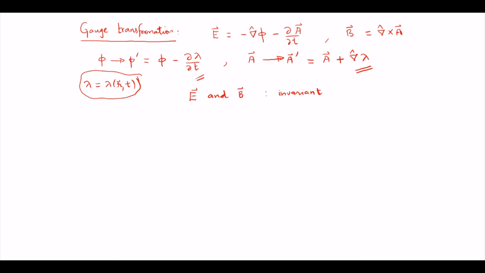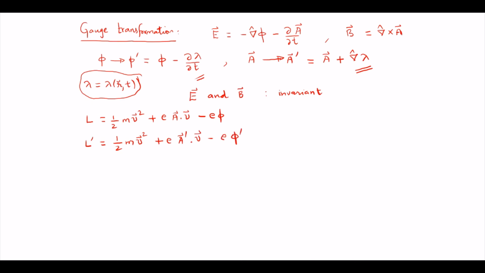Now let us calculate for the Lagrangian. We know that the Lagrangian is half m v vector square, and the second term is e A vector dot v vector minus e phi. Therefore, under the gauge transformation of the potentials, the Lagrangian now becomes: A vector goes as A prime dot v and phi goes as phi prime.